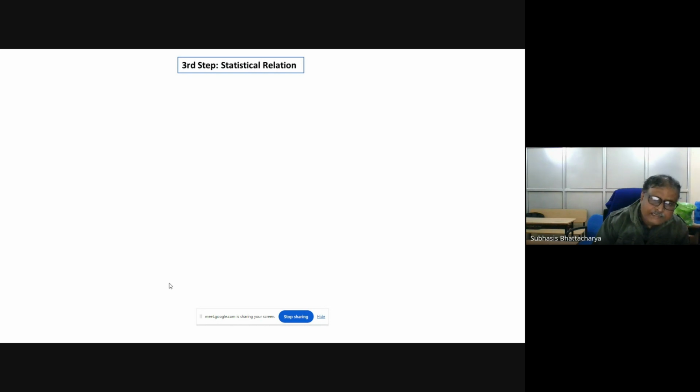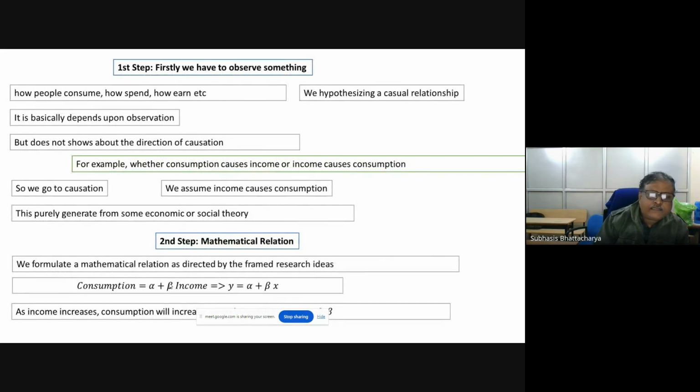So you have to collect the data, and the data are highly influenced by the environment. If I go back to my previous slides, we assume that consumption depends only on income. But in reality, except income, there are multiple factors which are influencing consumption.